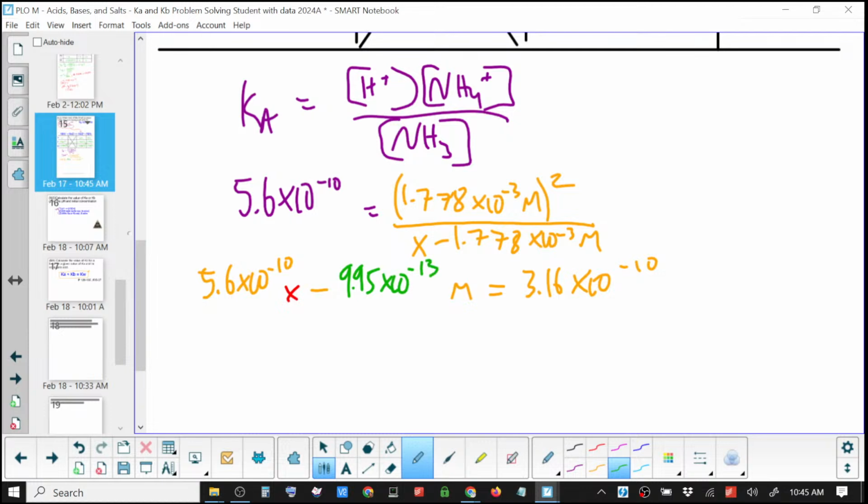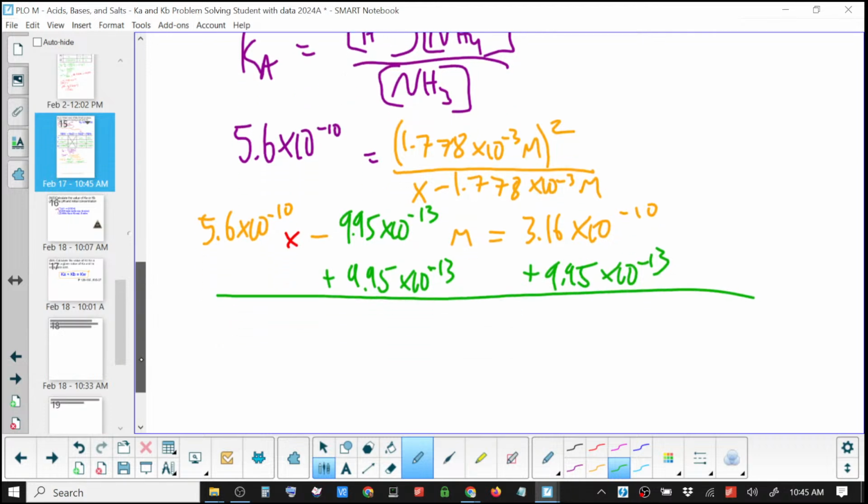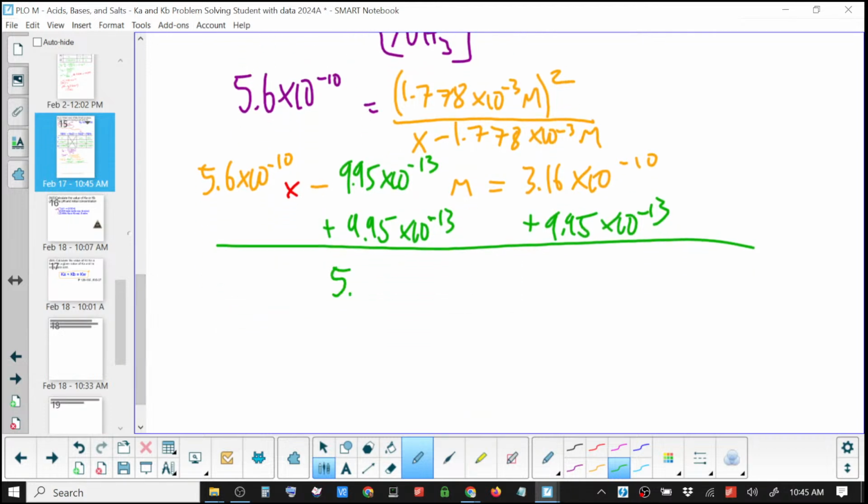Oh wait, actually, you're right. Okay, do that now on this big calculator. Then when you cut it to both sides, you get 3.16.